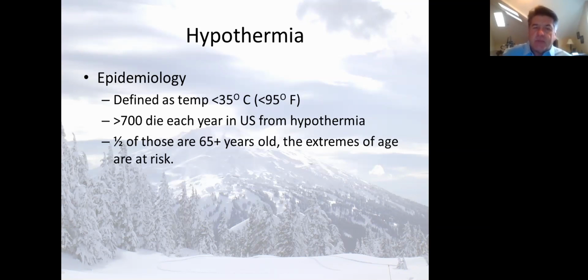The very young, because they have a significantly different body ratio, their head's larger, their bodies are smaller. And with the old or infirm, they tend to have more secondary diseases, diabetes, poor circulation, and they're taking quite a few medications, which increase the risk of hypothermia.